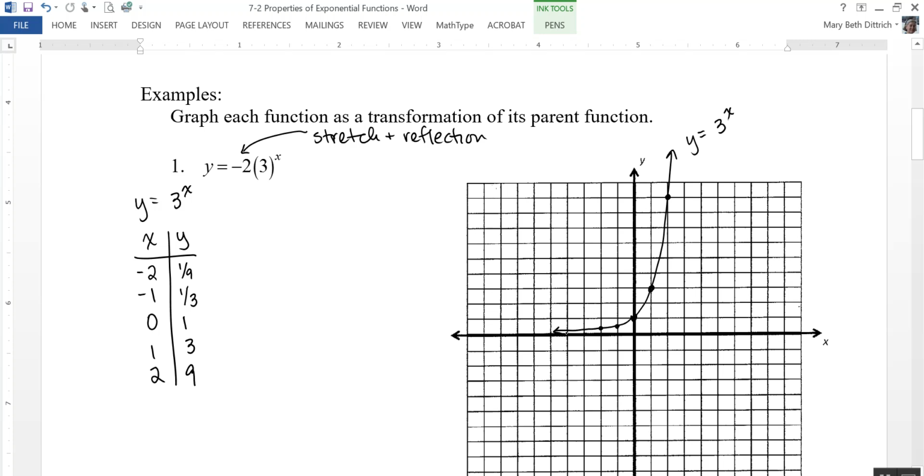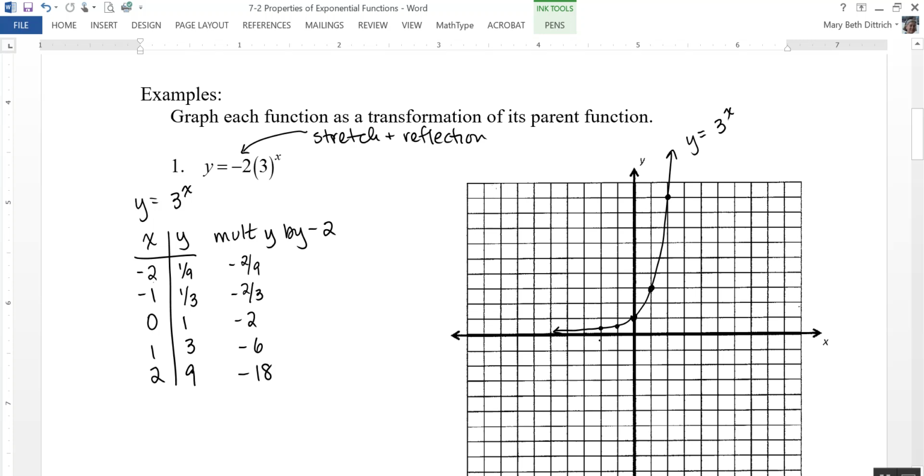Now to do the stretch and the reflection, I'm just going to multiply each y value by negative 2. So that's going to give me negative 2/9, negative 2/3, negative 2, negative 6, and negative 18. So I'm going to use my original x value and my new y value.